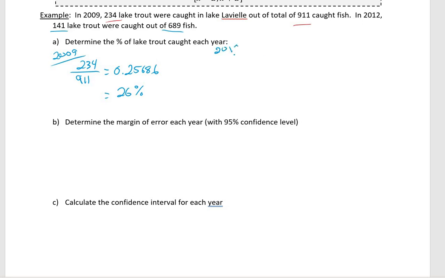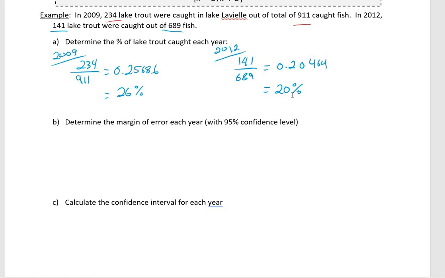And then in 2012, we caught 141 lake trout out of 689 fish. It gives us a value of 0.20464, which is, let's say, 20% to the nearest percent. Well, I should not round twice. That would be a very bad habit indeed.